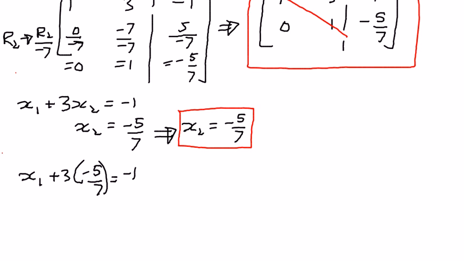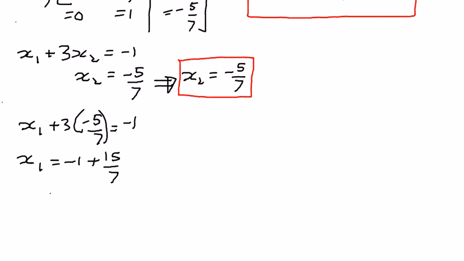We want to find the value of x1. So therefore x1 is going to be equal to negative 1 plus 3 times 5 over 15 divided by 7. I just simplified 3 times 5 over 7 with a negative sign. When we bring it over to the other side of the equal sign, it becomes a positive sign. Or we are using the addition property to simplify that.